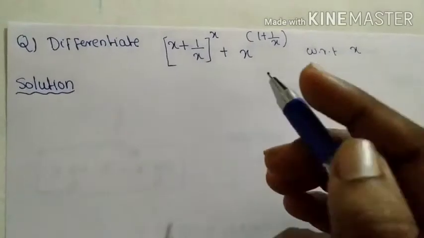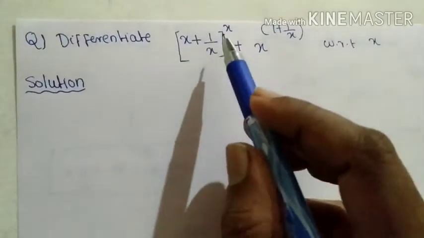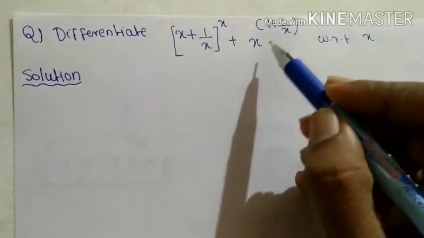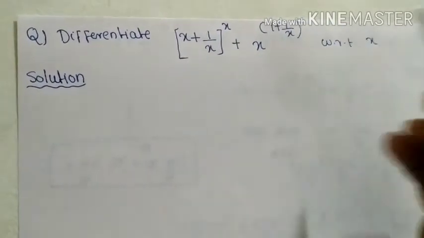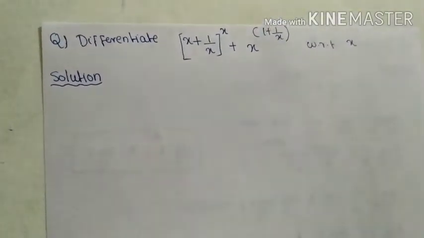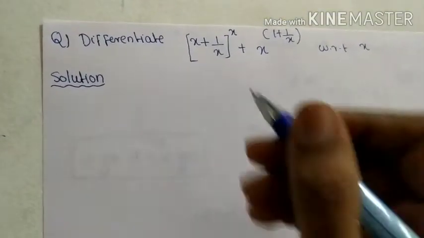This is our second question. Differentiate (x plus 1 by x) whole raised to x plus x raised to (1 plus 1 by x) with respect to x. Okay, so let's start the solution of this question.